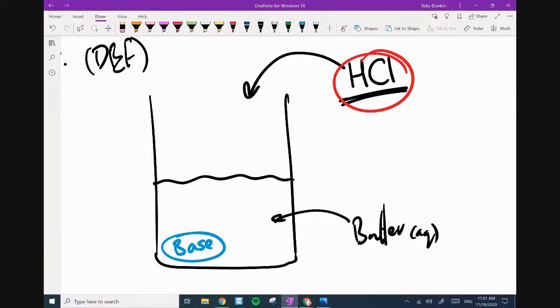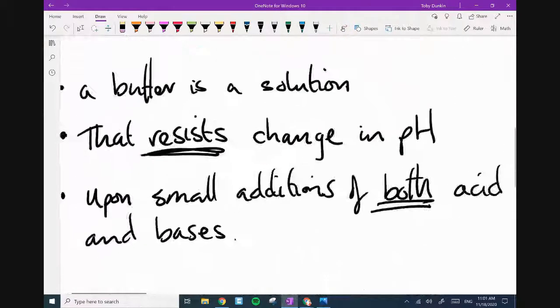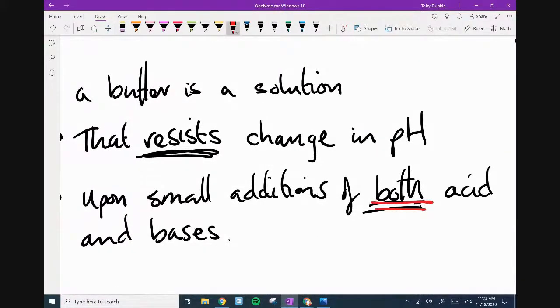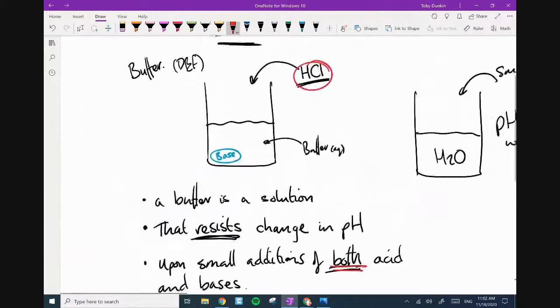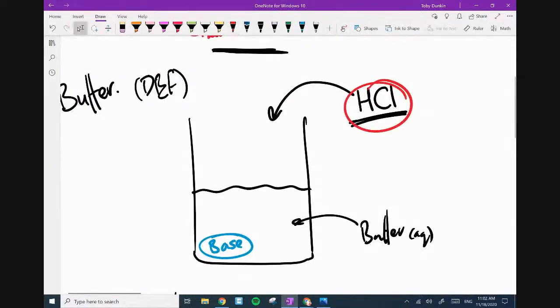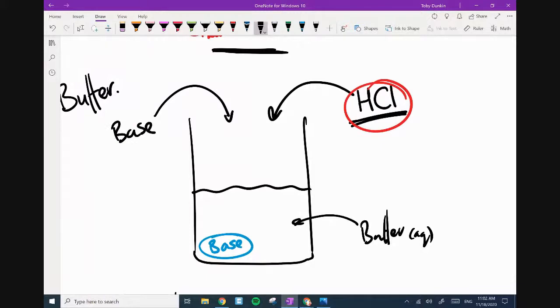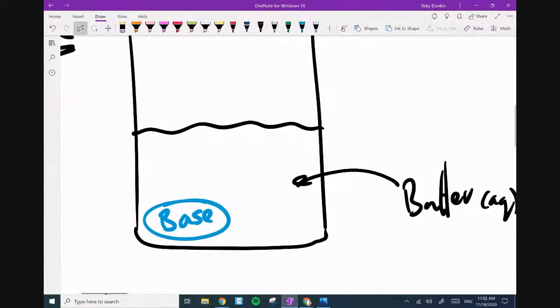Okay, but the problem is in the definition, it says of both acids and bases. So what I need to also be able to do is add a base to this beaker as well. So I'm going to add a base. And in order to resist that effect, I need something else in the beaker.